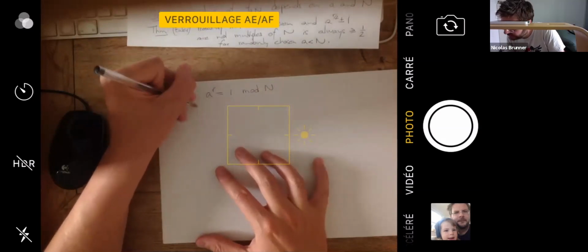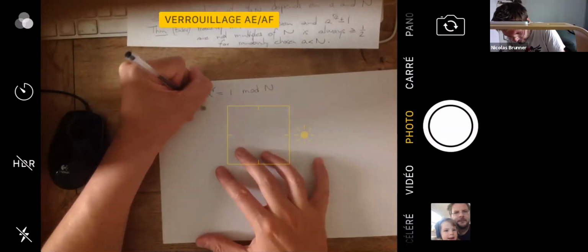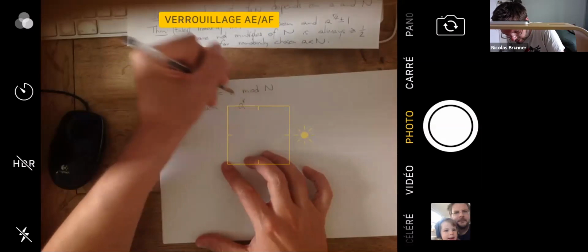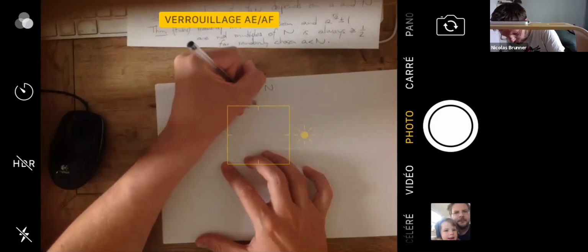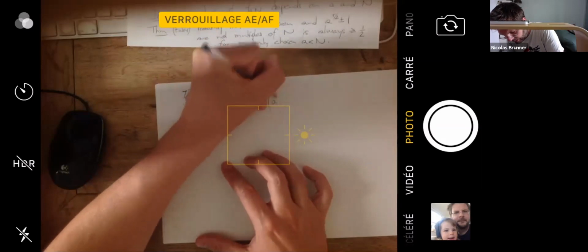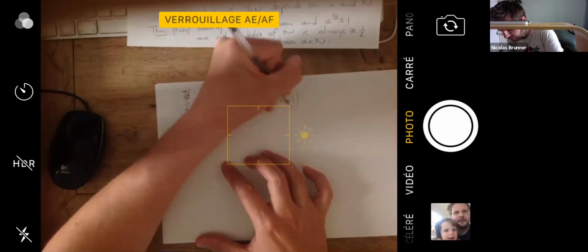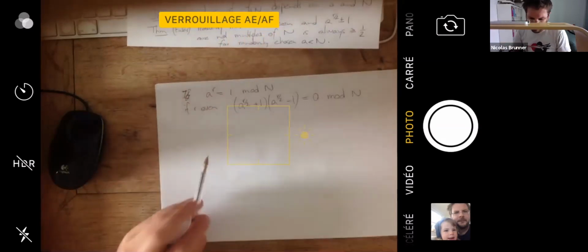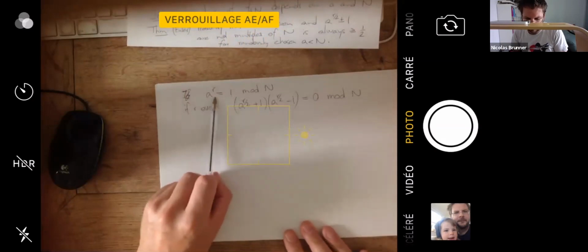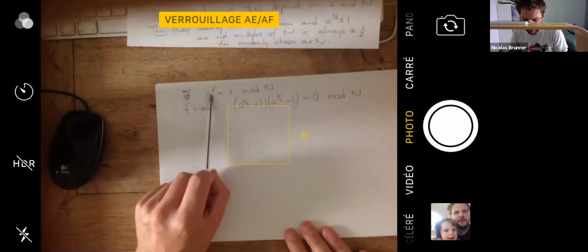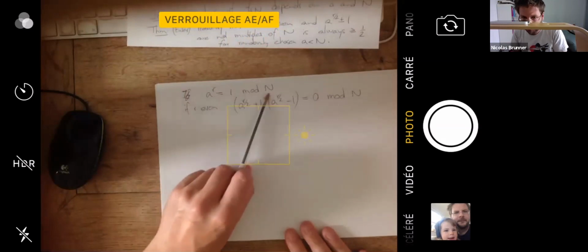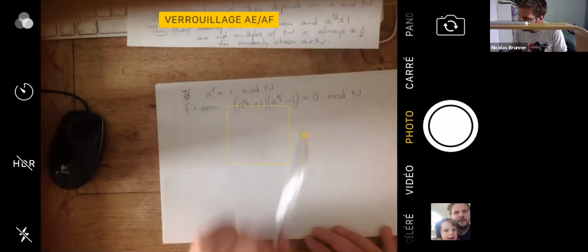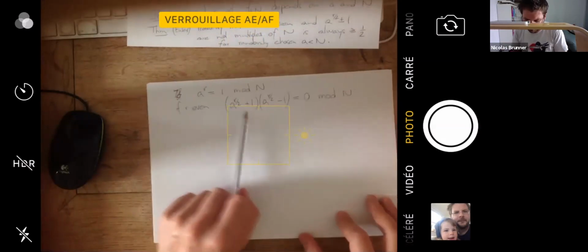But if R is even, then we can rewrite this equation as a to the R over 2 plus 1 times a to the R over 2 minus 1 should be 0 mod n. What I did here is put the minus 1 on the other side, so a to the R minus 1 is 0 mod n, and then I factor it like this. And this is good for me.